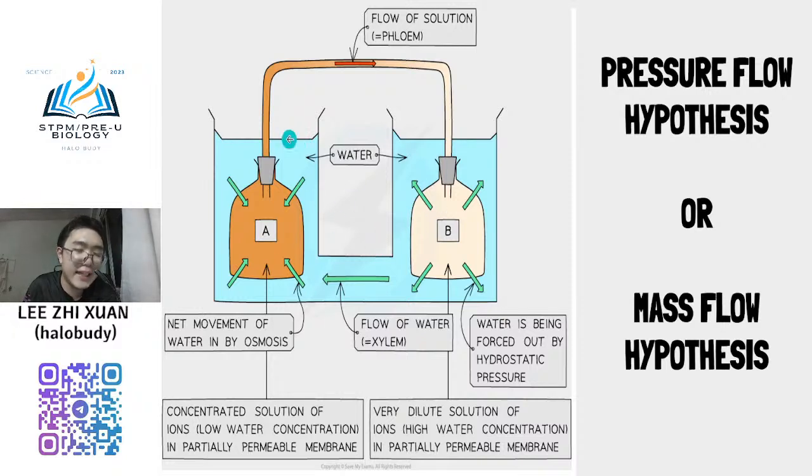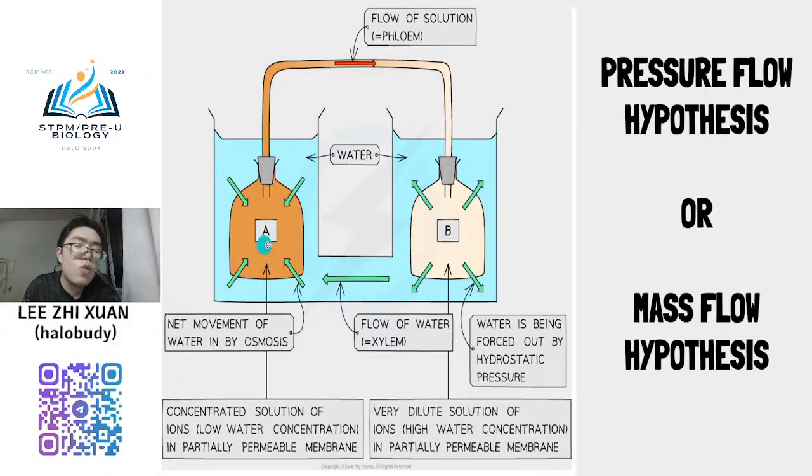So we know that the water molecules outside, we assume, are in the xylem vessel. And then this A is concentrated. You see the darker color, and you see the arrow here. This arrow means that the water is diffused into A.